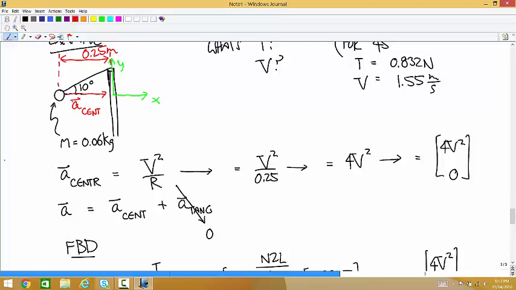But here we take this view, and then from then on it's all basically the same approach. We draw a vector that goes from the ball towards the center of the circle. The center of the circle is right where I have the origin. The magnitude of that centripetal acceleration is the speed squared over r. So we get v squared over 0.25. 1 over 0.25 is 4. And so we get a magnitude of 4v squared pointed in the positive x direction.